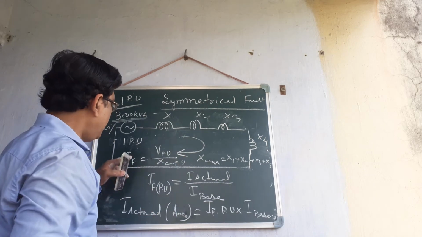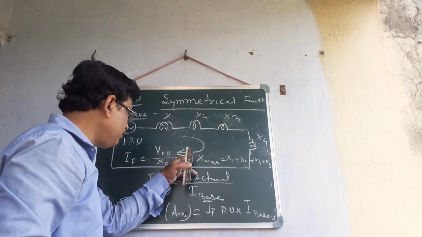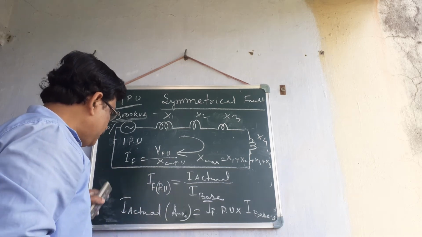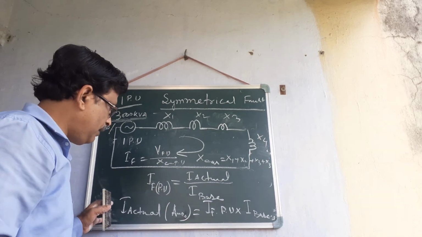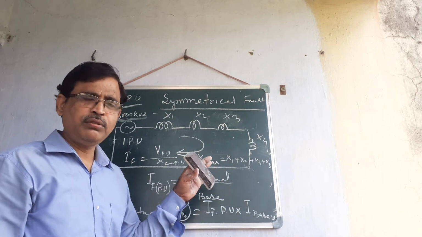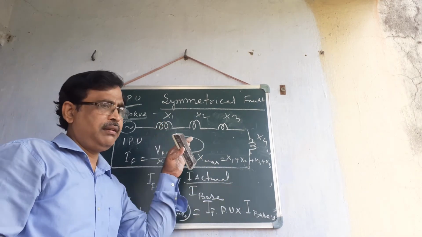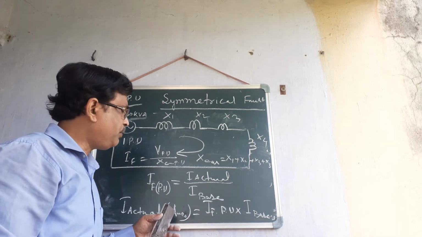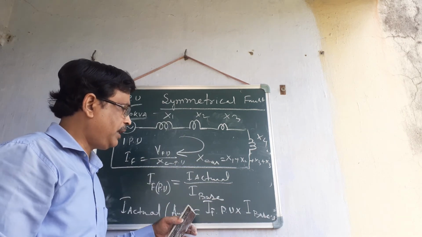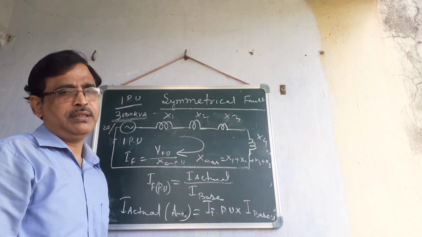From that, I fault will be found in per unit. That per unit value will be converted into actual value, and we will be able to find the fault current. Once the fault current is known and the voltage at the fault point is known, from the fault voltage and fault current we will get the fault power.